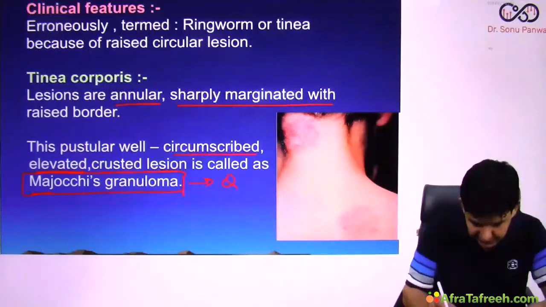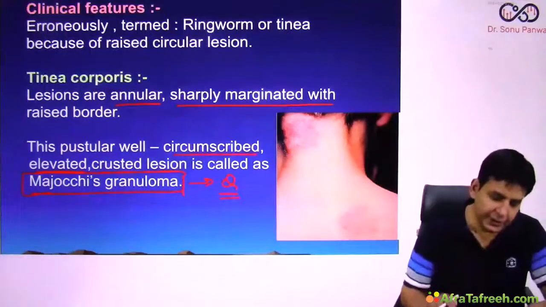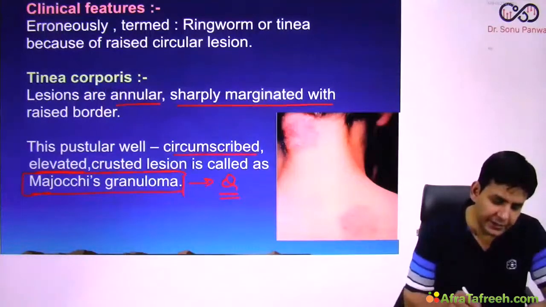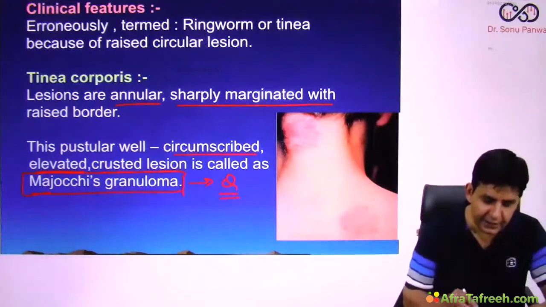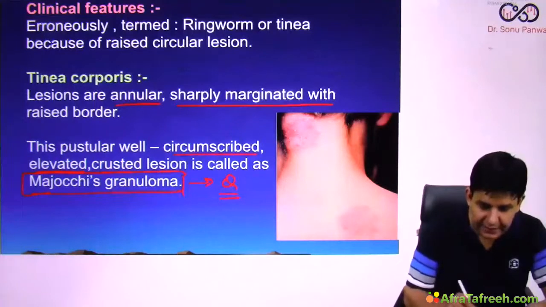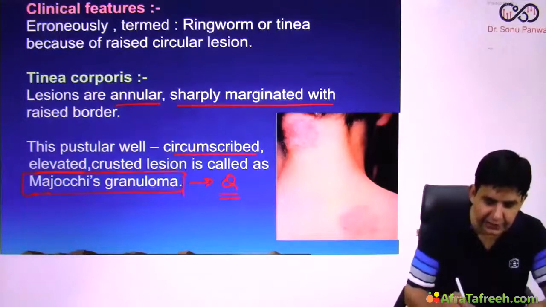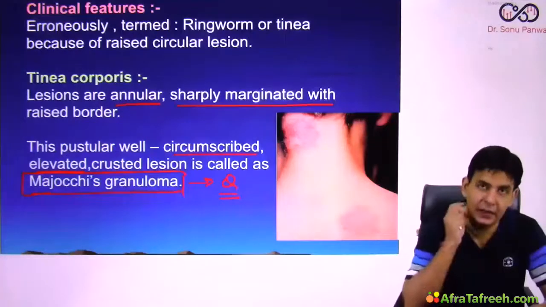This question was there in PGI Chandigarh. So remember, guys, in tinea corporis, the lesions are annular, sharply marginated with raised borders, and the pustular form has a circumscribed, elevated, crusted lesion that is termed Majocchi's granuloma.